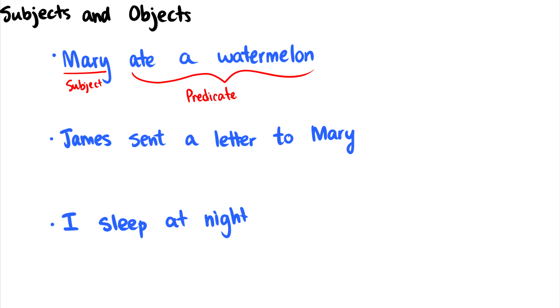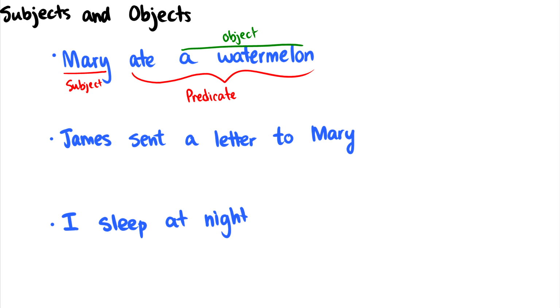Okay, so the predicate consists of a verb, and if there are objects, it consists of the objects as well. So the watermelon, our second noun phrase here, is the object of the sentence. So, if Mary ate something, what is that something? That something is the object.